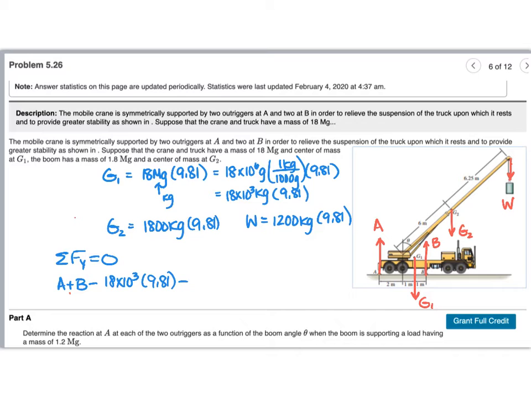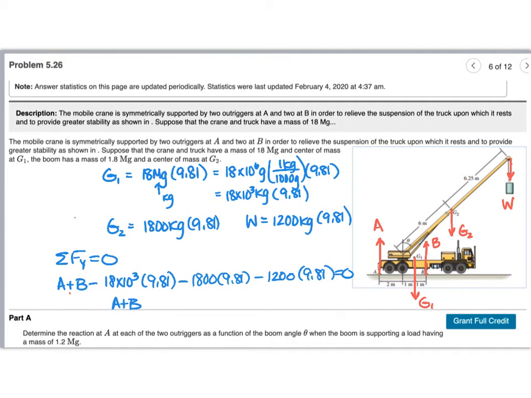And then the weight of the boom, which is 1,800 times 9.81. And then the weight that we are holding at the end of the crane, which is 1,200 times 9.81. So if we put that all together, that's all equal to 0.